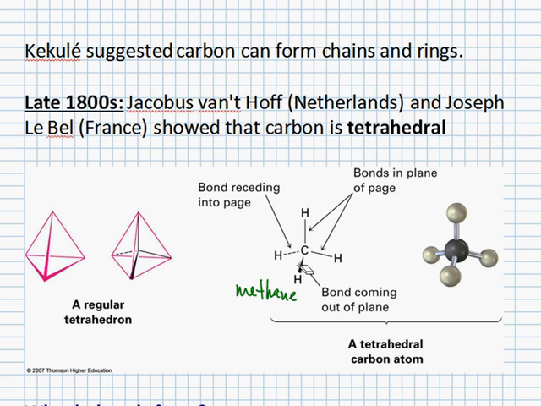You have one of them that's coming forward towards you out of the plane. That's the wedge line. Imagine that the up one and the lower right one are within the paper. This wedge one is coming out of the paper right towards your face. The dashed line is the bond that's receding into the page, going backwards behind the page.